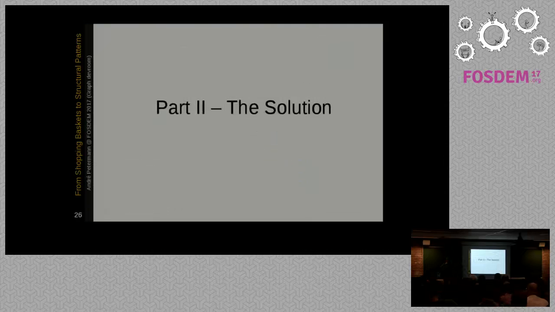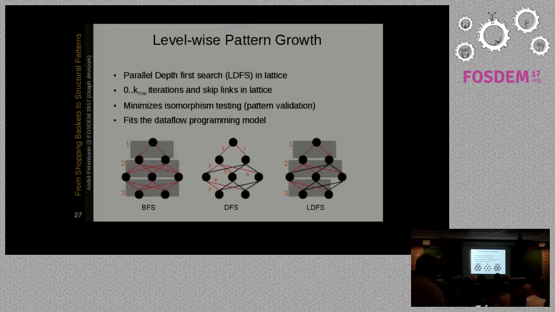And now we are facing these problems in the context of distributed data flow systems on shared nothing clusters. The solution to this problem is something we call level-wise pattern growth, which means we do a parallel depth first search in the lattice. That is, we process the lattice level-wise, but still skip the links we do not want to visit and still avoid the isomorphism problem due to candidate generation, for example.